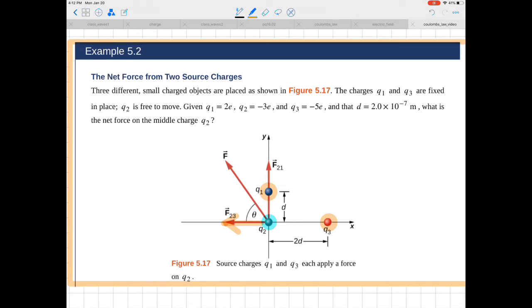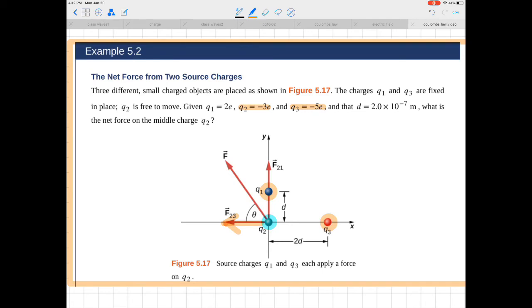In this particular problem, Q2 is negative 3e, and Q3 is negative 5e. So those are like charges.